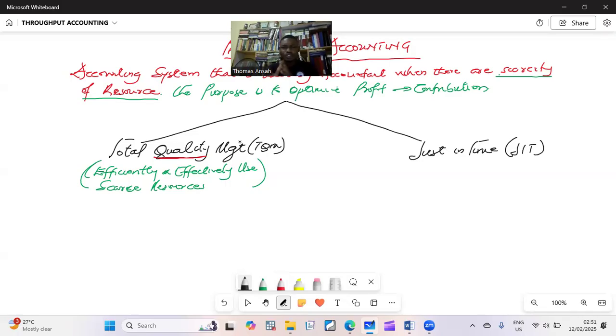Just-in-time principles of inventory management say that we produce exactly what is required by the customer. So in just-in-time, we don't keep inventory. There is no inventory in stock. We don't produce to put into the store so that when customers want to buy it, we go and pull it out of the store and give it to the customer. No. In just-in-time, we produce exactly what the customer wants.